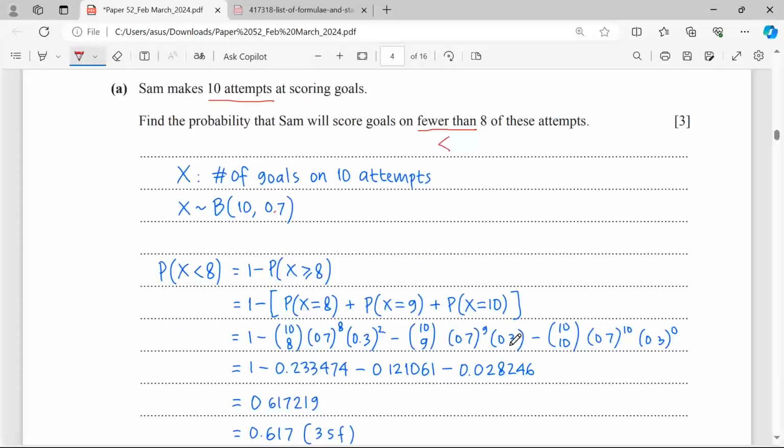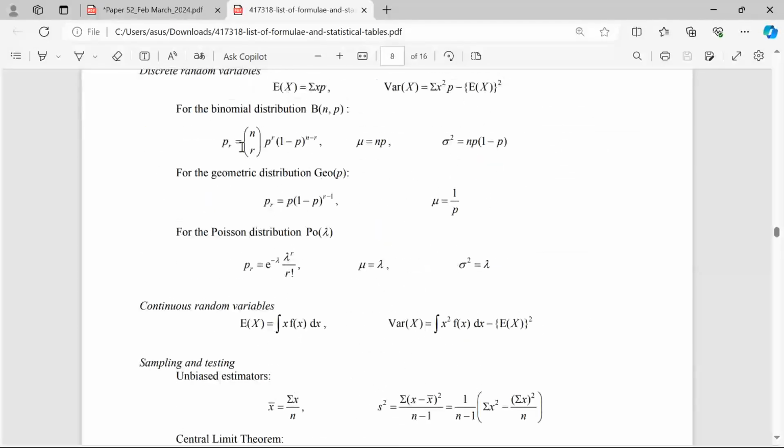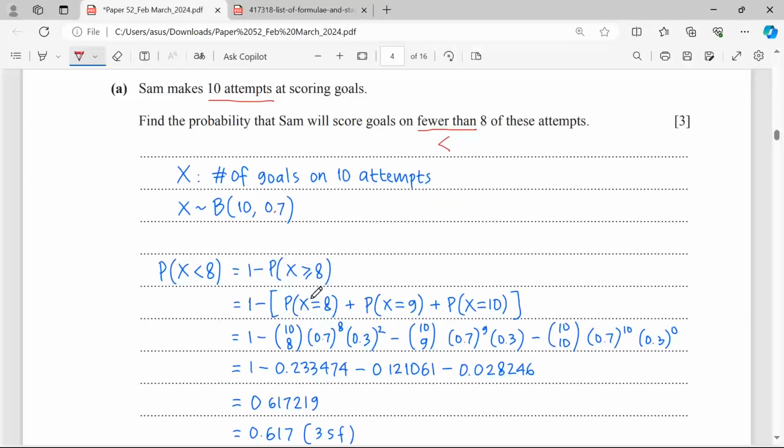And then you can now use the binomial distribution formula. If you don't remember, you can see it on list MF19 here. This is the formula for binomial distribution. So you can just plug in when X equals 8.